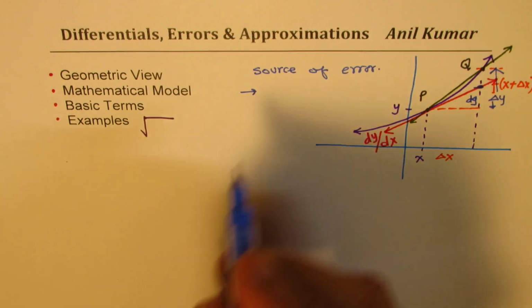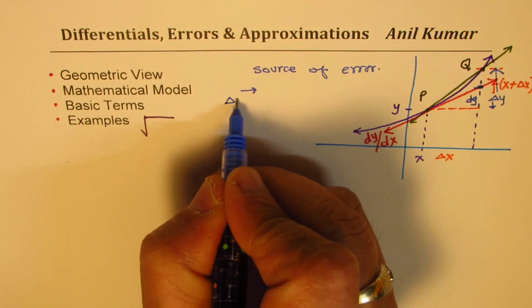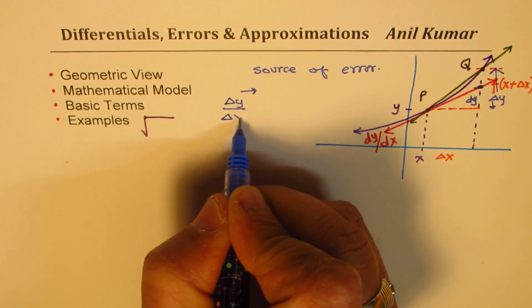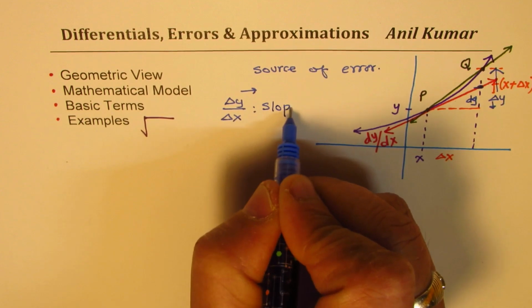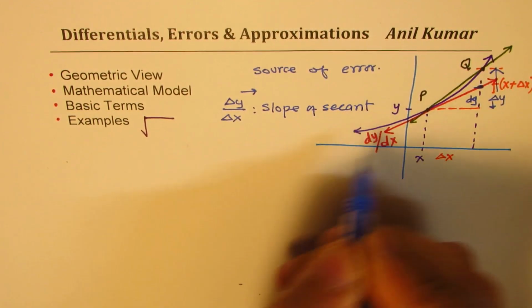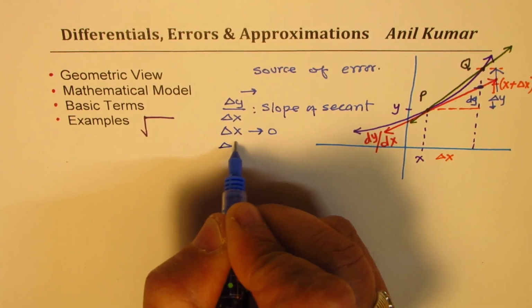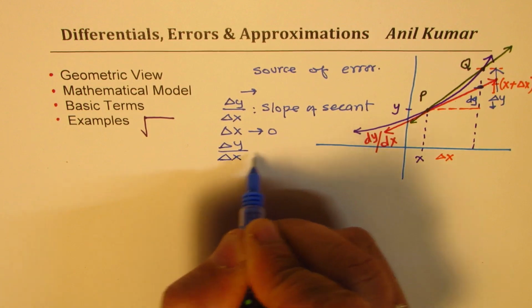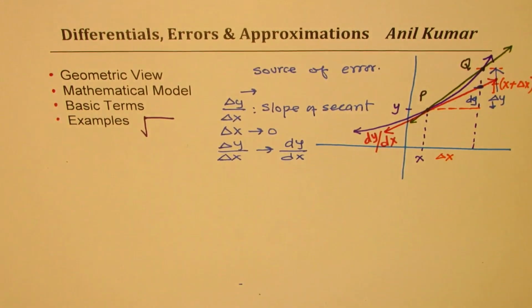So what we're trying to say here is that whenever we are talking about change in y over change in x, that is basically the slope of the secant, right? And as delta x approaches 0, delta y over delta x approaches dy/dx.